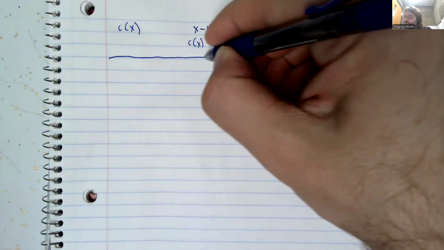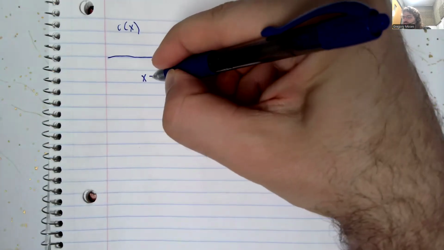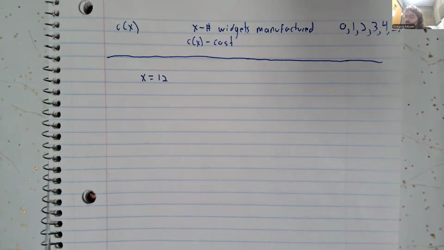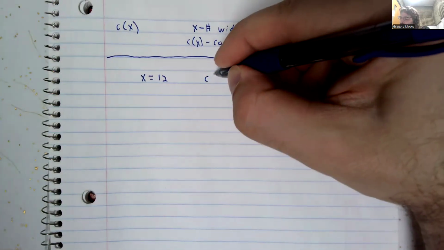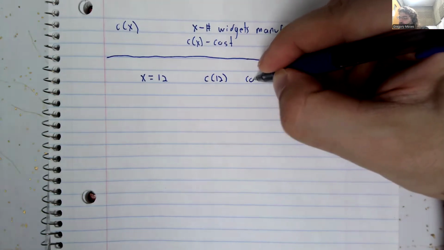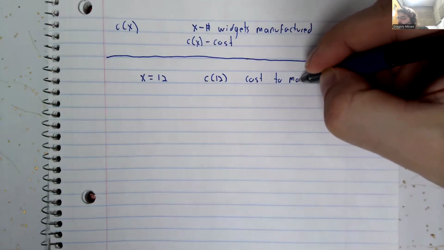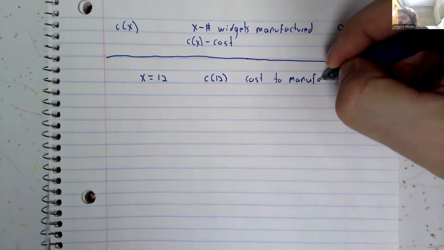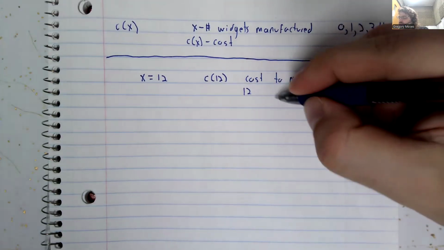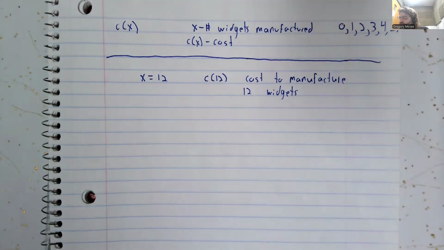Let's pick a number, kind of at random. Let's look at 12. So C of 12 is the cost to manufacture 12 widgets.